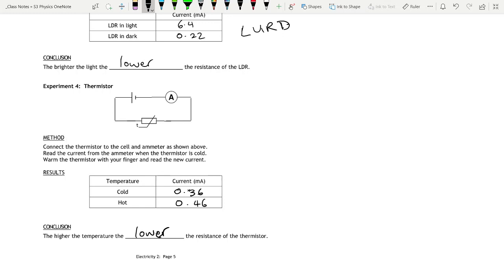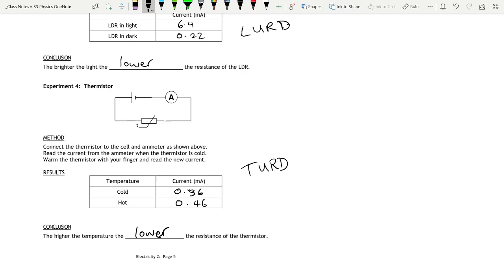And to remember this one, and you very rarely get to hear this word in physics, TERD. Temperature up, resistance down. Okay, so TERD and LERD, and they are specific to those components. Other resistors do the opposite, but a temperature-dependent resistor, when the temperature goes up, the resistance goes down.